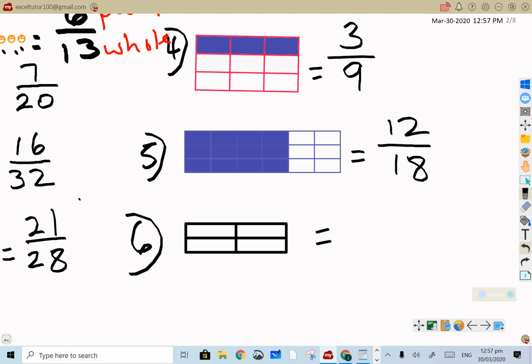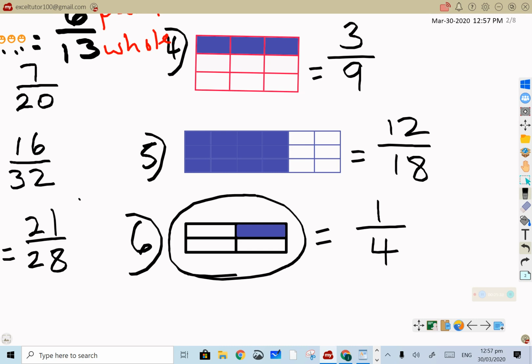And for this last one that we have here, which is quite easy, we're trying to make an easy, familiar one for you as well. We have a denominator of 4 and we have a numerator of 1. So again, for this easy one, that is one of the first ones that you would actually learn in standard 2.